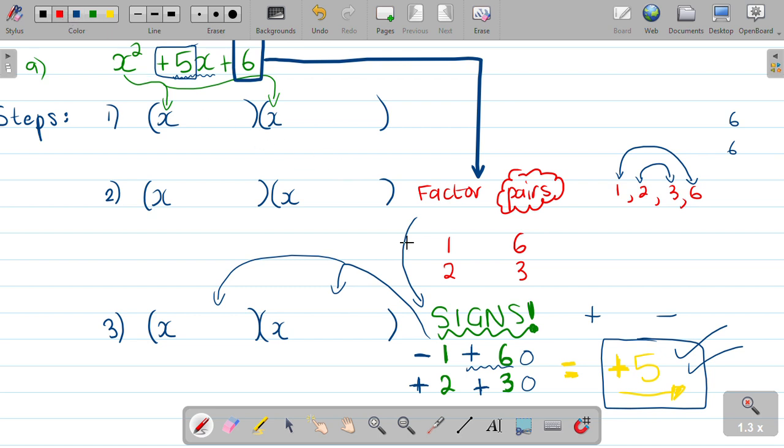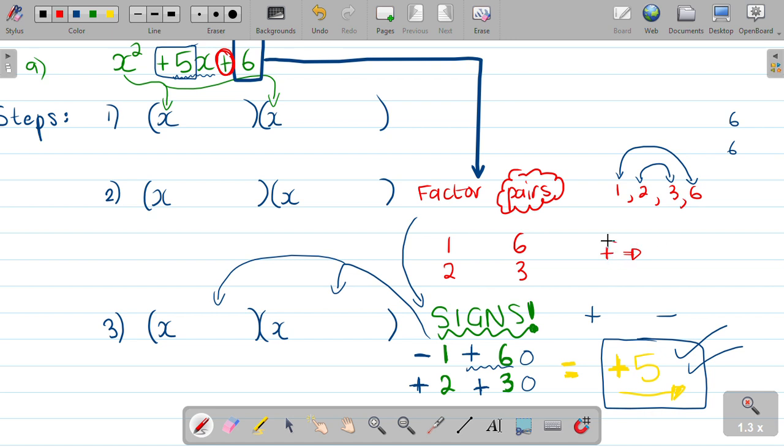What you are going to do is you are going to ask yourself, what is the sign of the third term's value? What is the sign here of the third term? So remember, we identified that my third term was 6, but is it negative or positive 6? It is positive 6. So there is a rule that says if the sign of the third term is a positive, then both of your signs that must end up in the brackets must be the same sign.